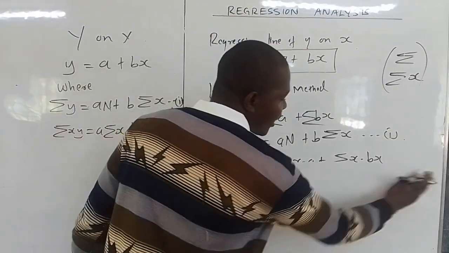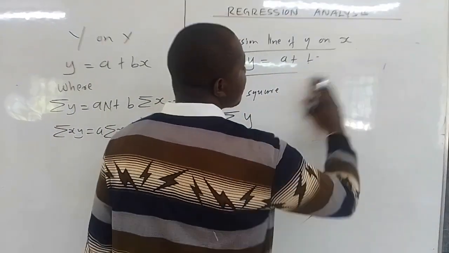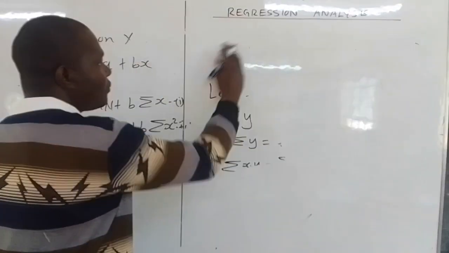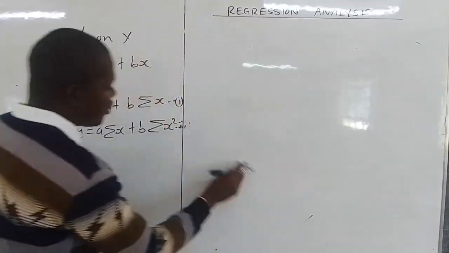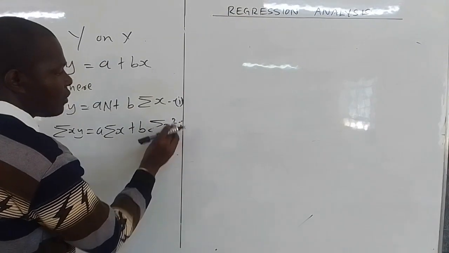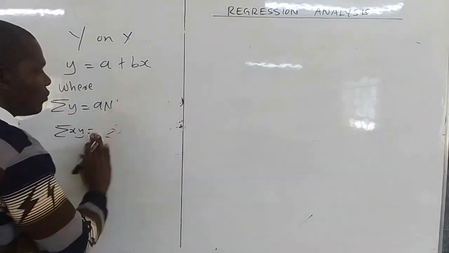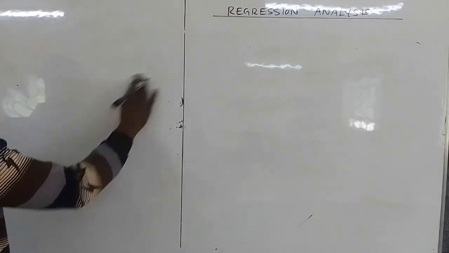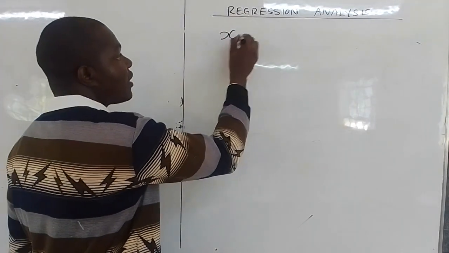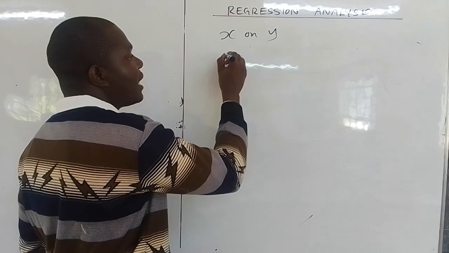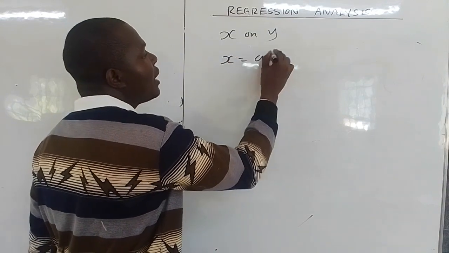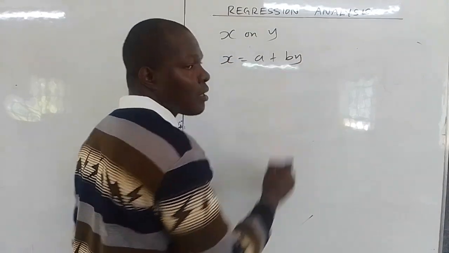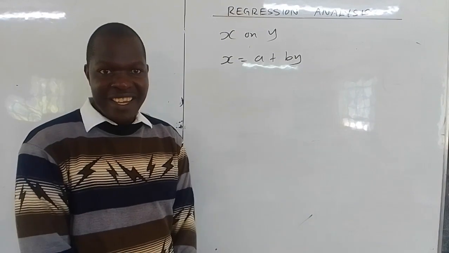Now, if you look at the second case, regression of x on y. So, regression of x on y, then it means x will be a plus b y, the equation of a straight line, isn't it?